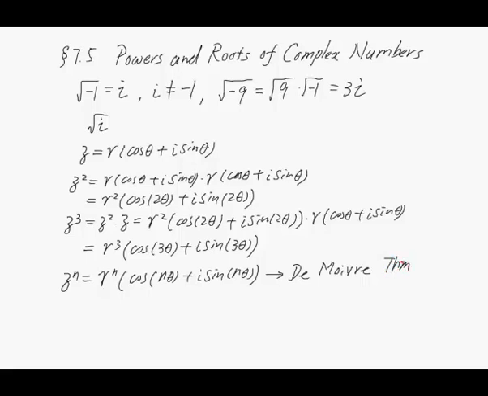So now we will use this de Moivre theorem to find the powers of some complex numbers. Let's go to page 628, and let's look at problem 16. So we'll try to find the fifth power of 2 times square root of 3 minus 2i.